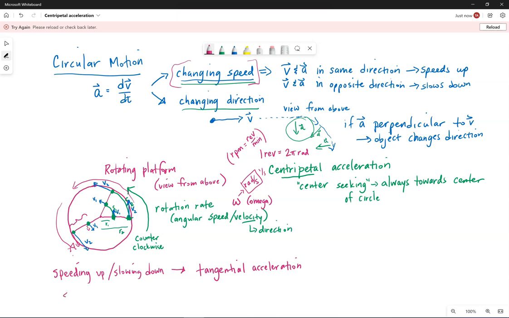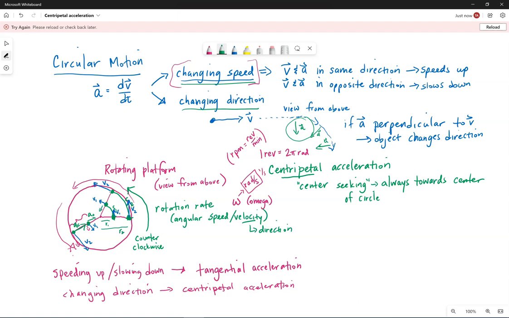The changing direction, though, the masses on the platform, because they are moving in a circle, will always have this centripetal acceleration. To draw that acceleration at any given moment in time, I would draw an arrow pointing towards the center.